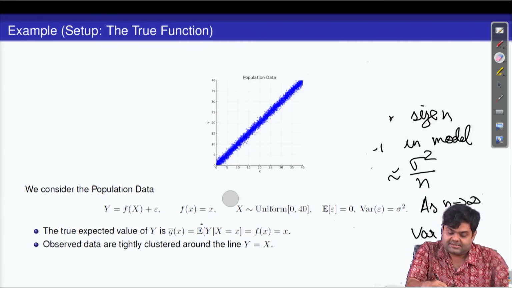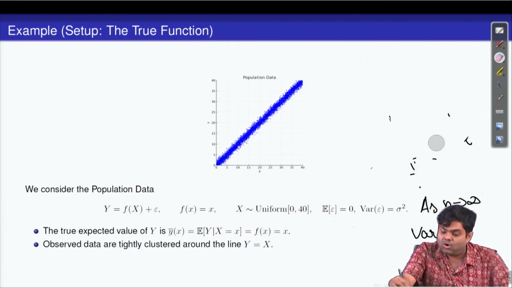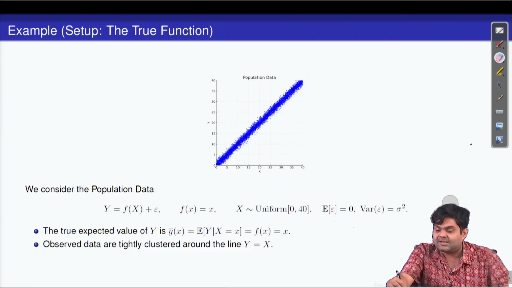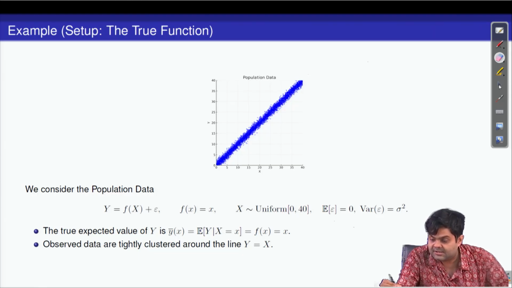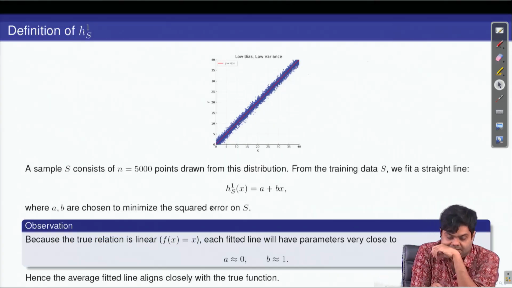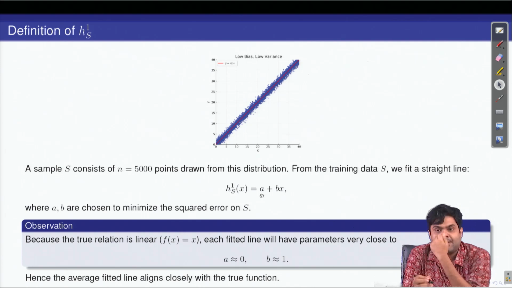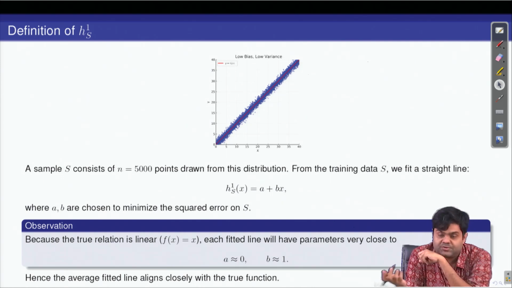So let's discuss this. This is an example of a model where both the components, bias and variance, for the modeling are low. So let's get into this. We are taking a sample consisting of 5,000 points, which is already pretty big.